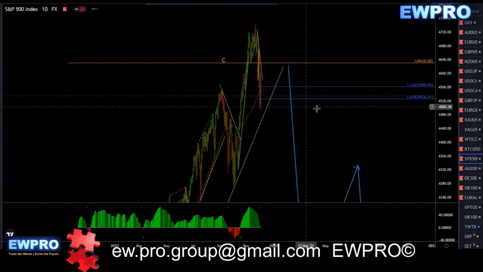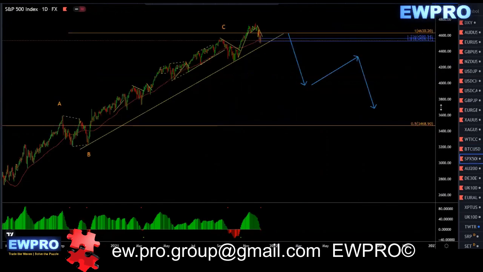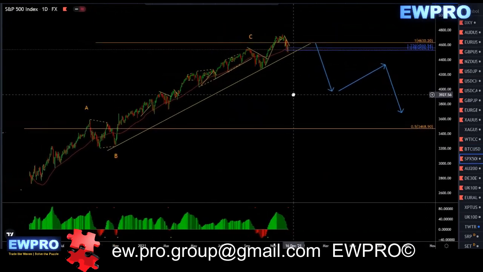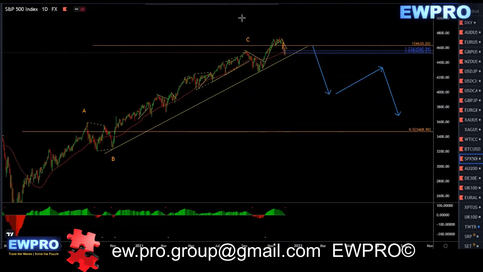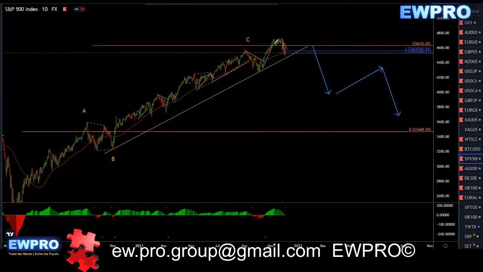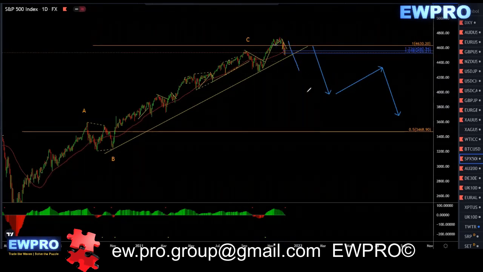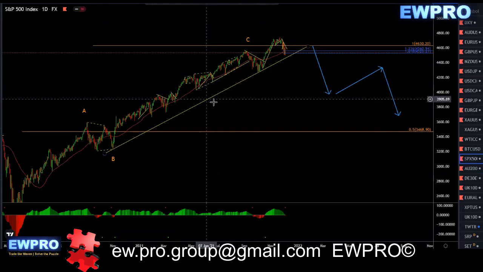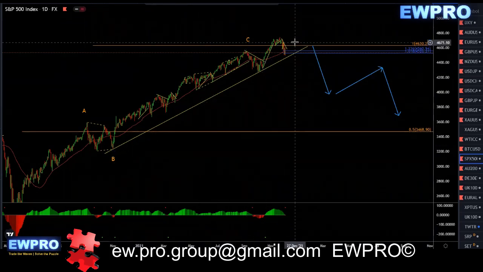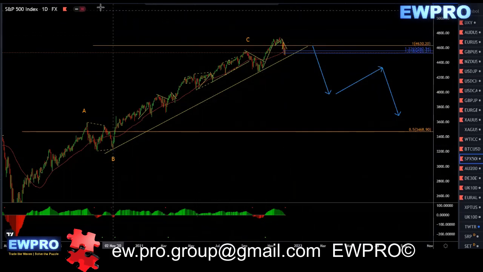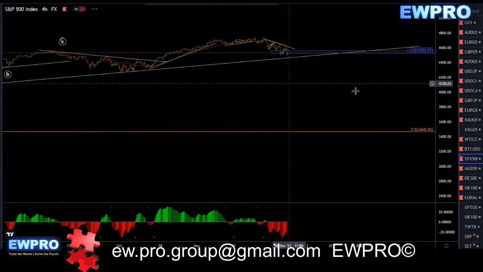SPX on the daily, we got that C up. It got to the 100 fib, so eventually I'm looking for that larger correction back to the 50 fib. We're still within this trend line here, so it's quite tricky still.